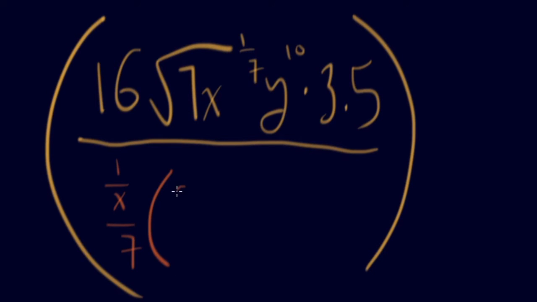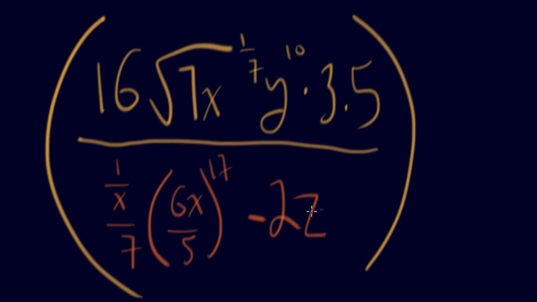Like, we're talking, it was crazy. Minus 2z. Whew. And you see hopefully where this is going, all to the power of 0. So hopefully you know this, that the answer was 1.